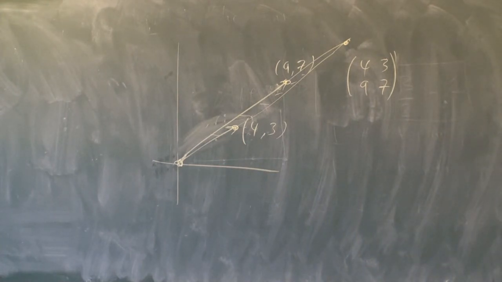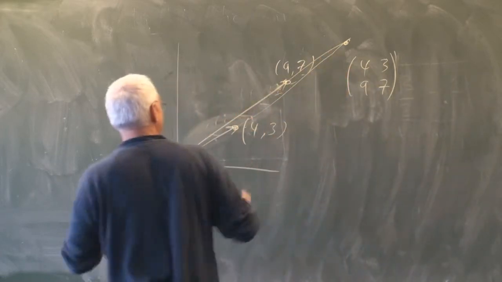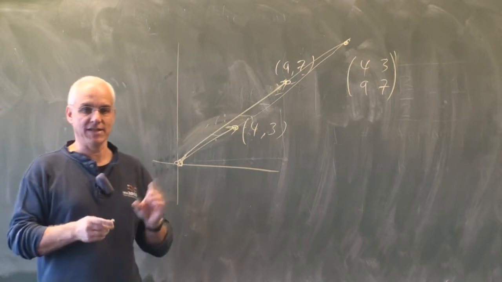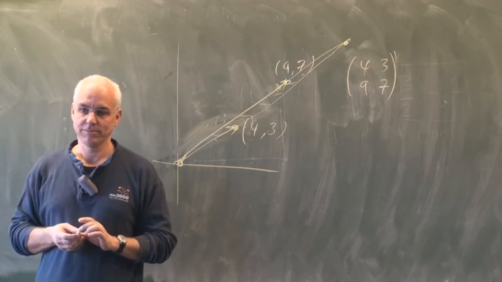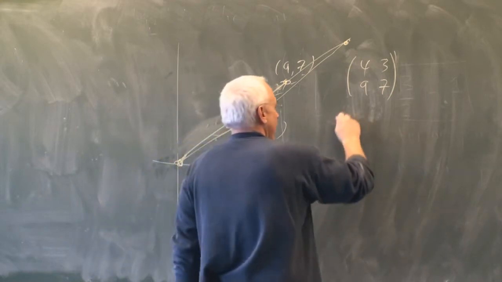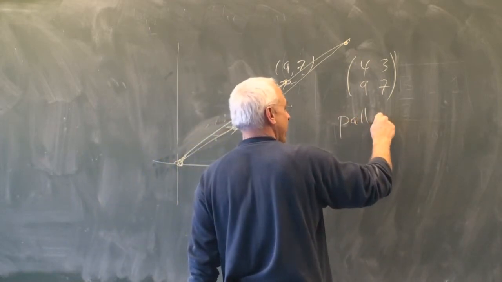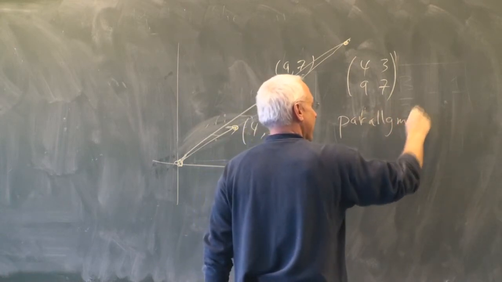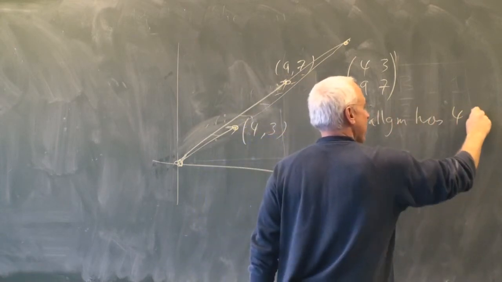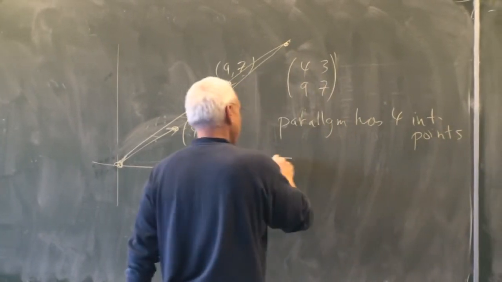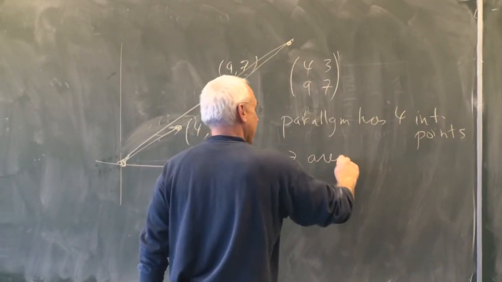Then the triangle will have area 1/2. So this parallelogram has 4 integer points, and that's all. And I want to convince you that its area equals 1.